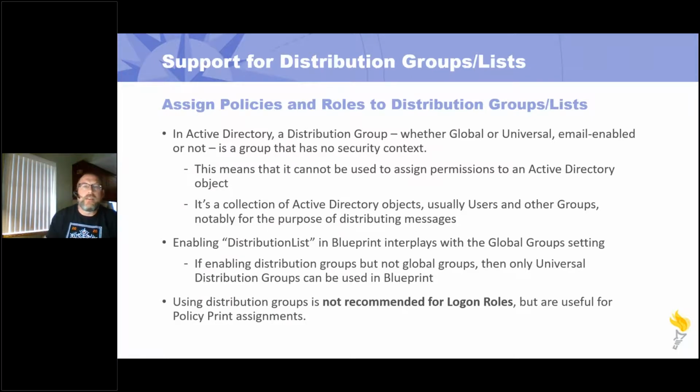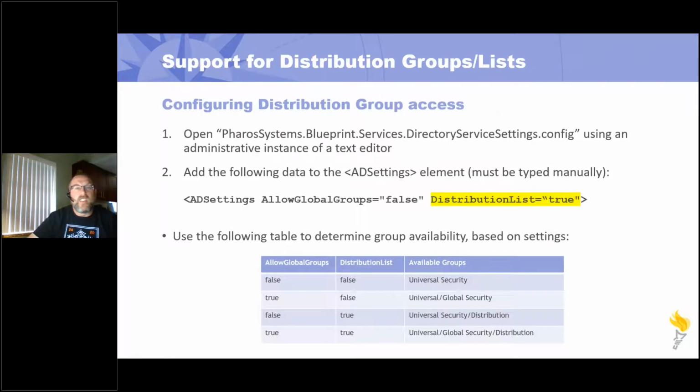We have here a chart of what happens based on the ability to either allow global groups, which is also a function of Blueprint that's been there for at least the past 3 releases, as well as distribution lists. So if I have global groups set to false and distribution lists set to false, then we could only use universal security groups.